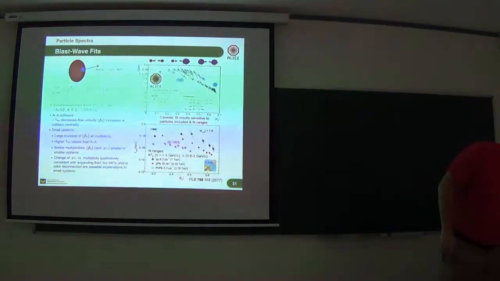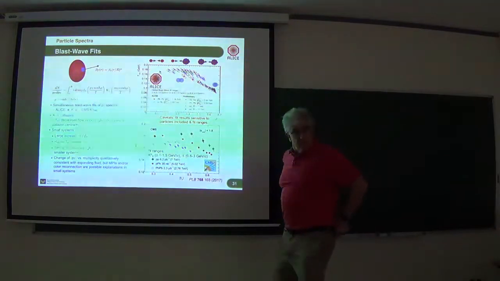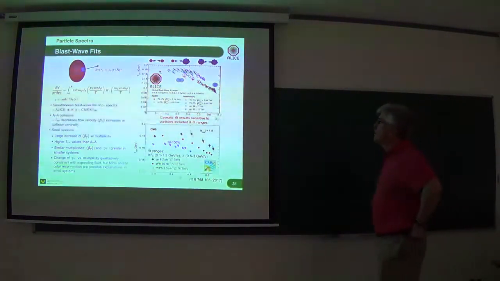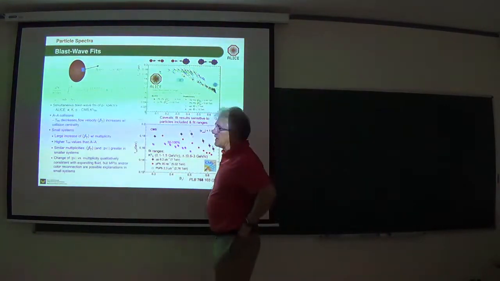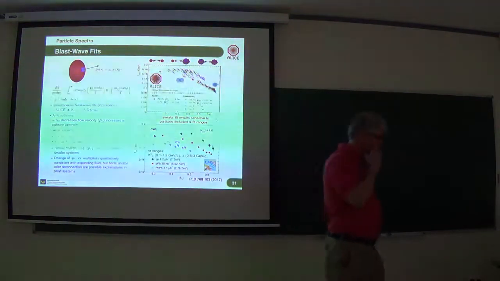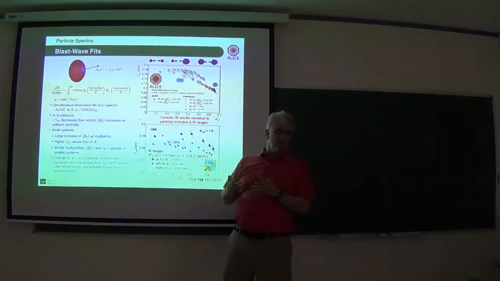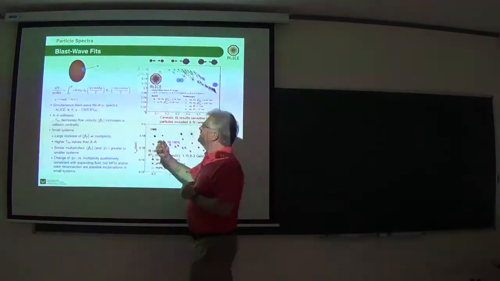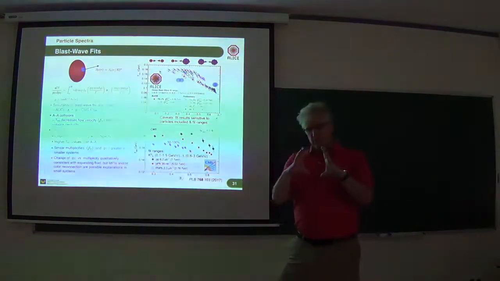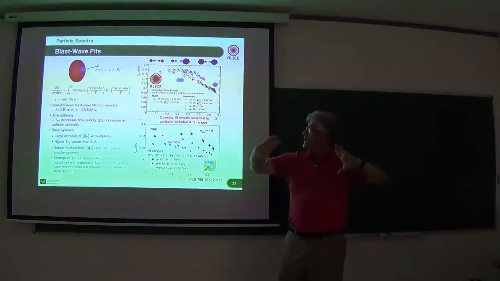Some people try to analyze this in a simple-minded way by doing what's known as a blast wave fit. In a blast wave fit, there's an expression here encapsulating what the blast wave does, but the concept of a blast wave is illustrated here. You have the participant region, which is expanding under the pressure gradient.